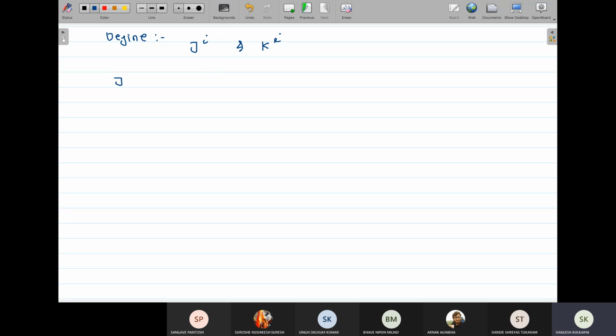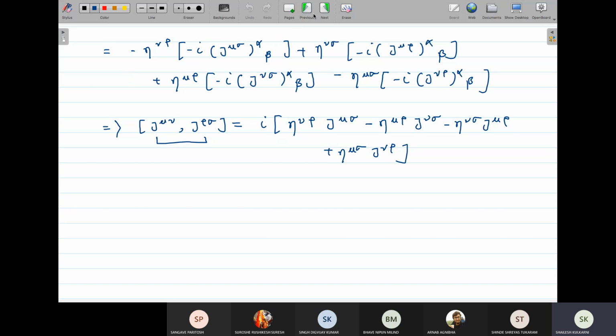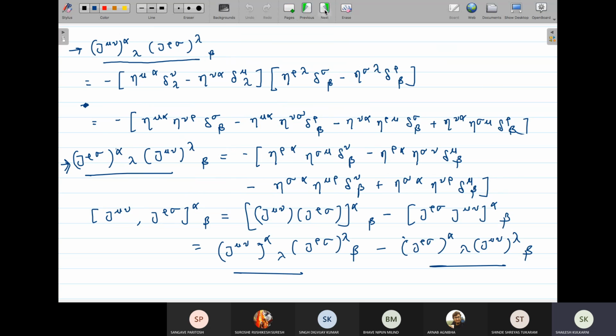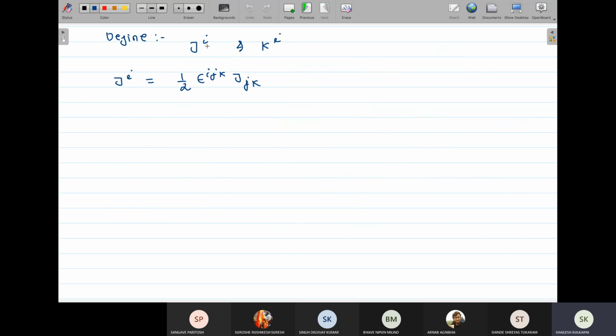Ji is equal to half epsilon ijk Jjk, where this Jjk is the same as that expression for our J mu nu, but with mu nu restricted to spatial indices. Here the indices i, j, k represent spatial indices.